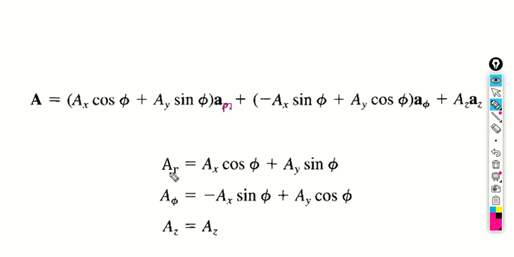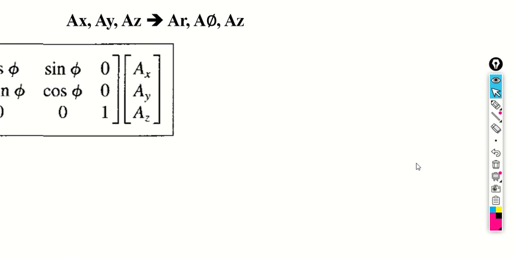So these are my components. This is coefficient capital AR. This is the coefficient capital A phi and Az remaining the same. Okay. So this is how, if I want to transform one vector into another coordinate system, I will be using the appropriate formulas. So putting these formulas in the matrix form, I will get.